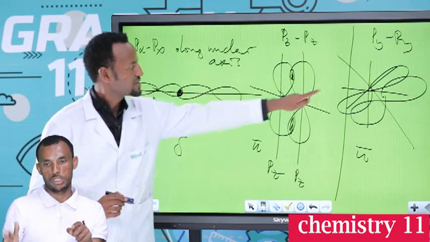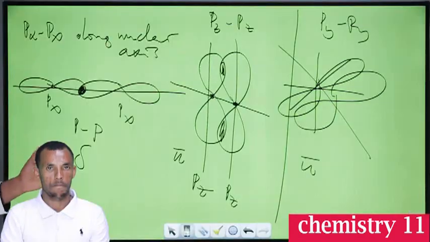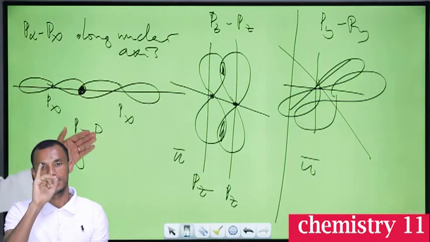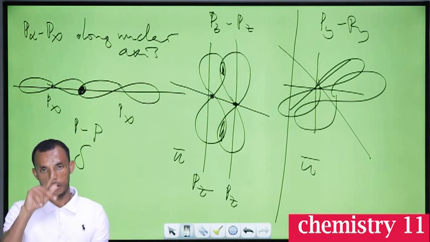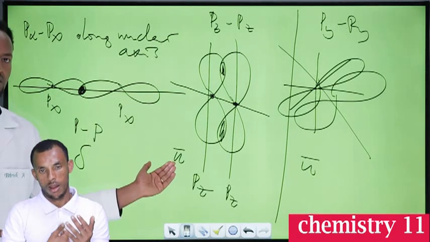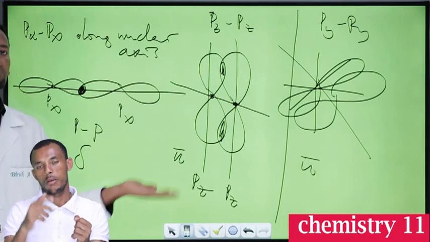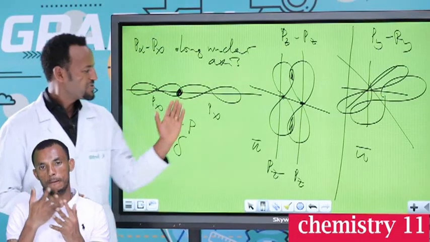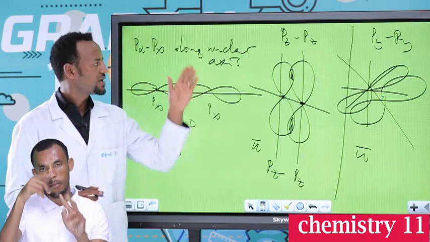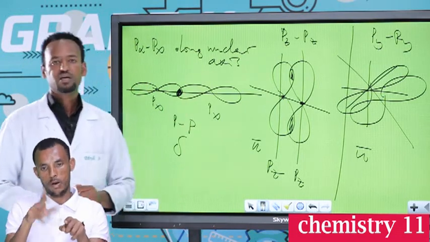This is side to side, again this is side to side. Therefore, SS sigma forms, SP sigma bond can be formed. PP sigma bond and pi bonds are possible. PP sigma bond possible along nuclear axis. PP pi bond can be formed parallel or side to side.